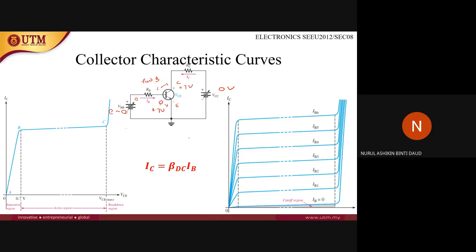Next, the base current will flow through the emitter. Since VCC here is 0, the base current will completely flow through the emitter, and only a slight current will flow to the collector. Why?